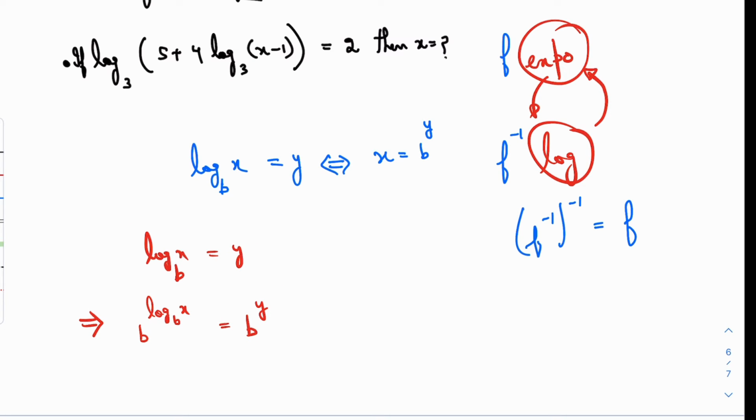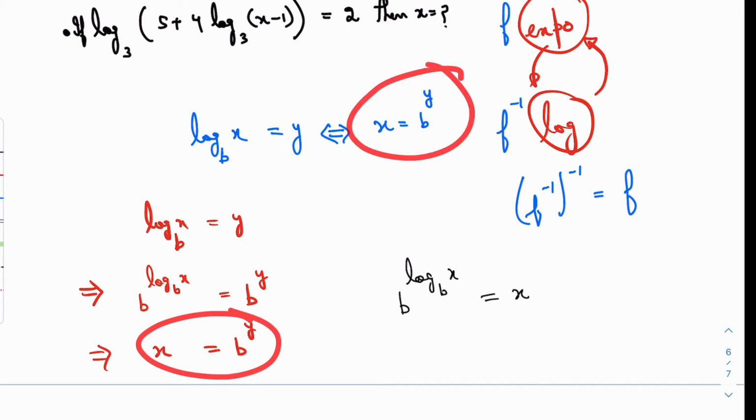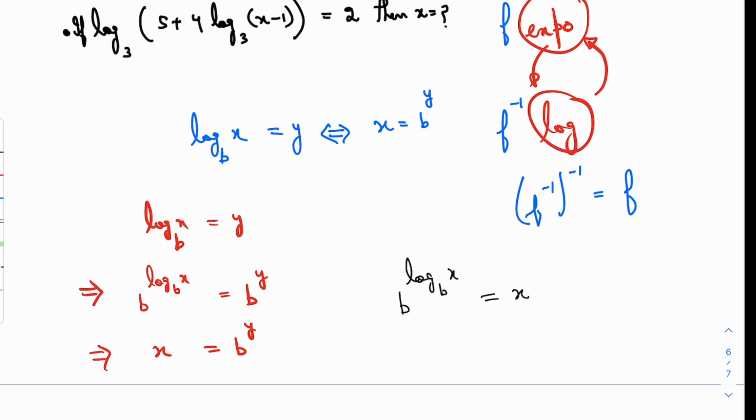Then I will invoke the property that we have already talked about. We know that b raised to power log x base b is just x, because whenever these bases match, they cancel out each other. Logarithm and exponential function cancel out each other. So we get x back. If I use this property here, I simplify this side and I get x, and that side is b raised to y, which is necessarily what we were earlier writing over here.